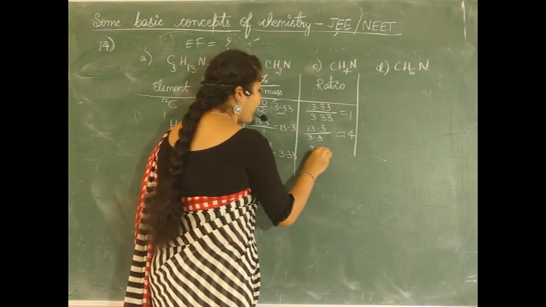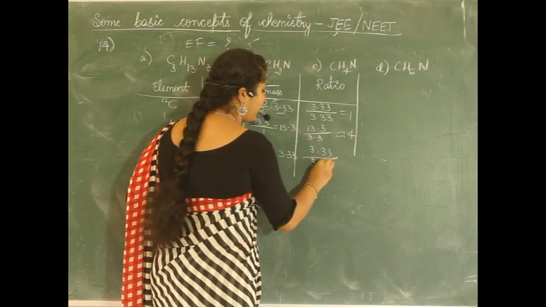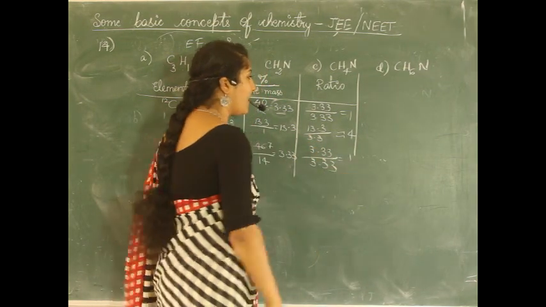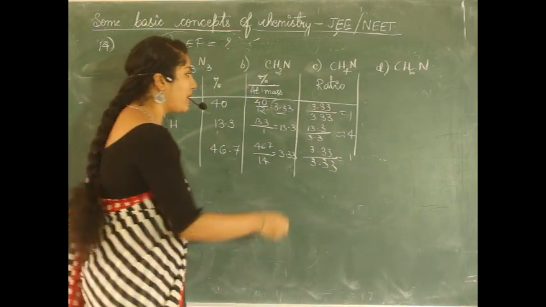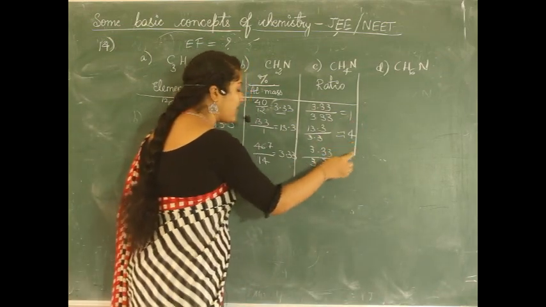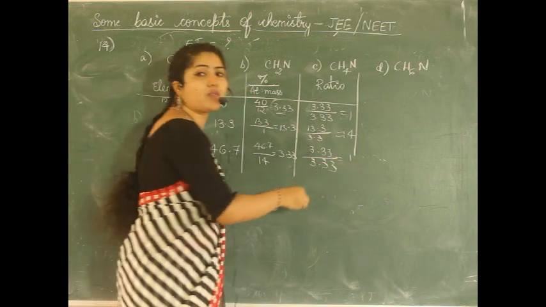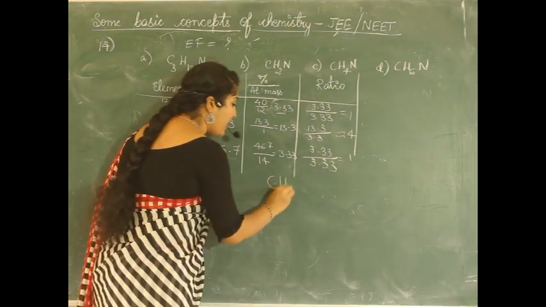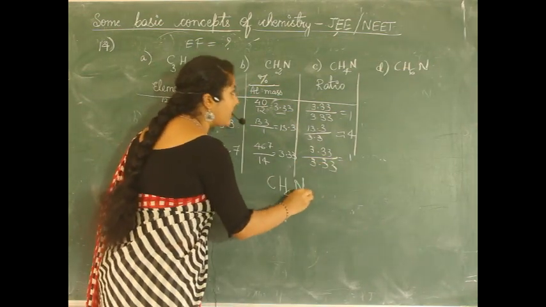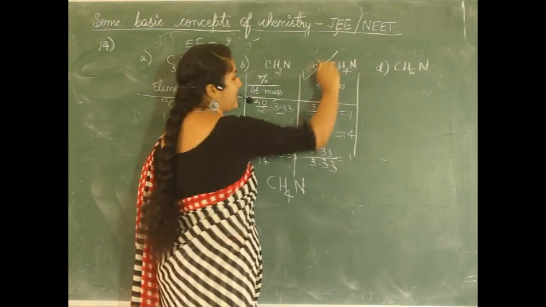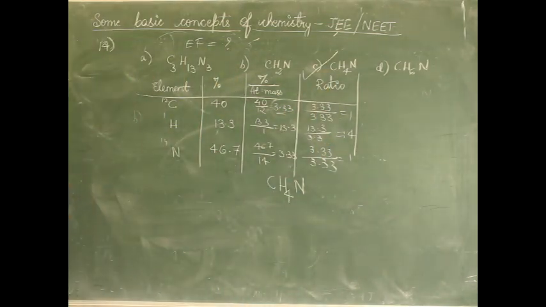Here again 3.33 by 3.33, which is equal to 1. So what will be the simple whole number ratio? Carbon is 1, hydrogen is 4, and nitrogen is 1 again. So it will be C1H4N1, CH4N, which is option C. C is the right option there.